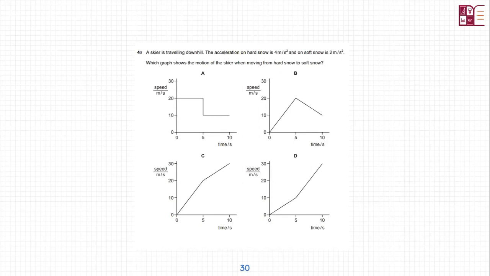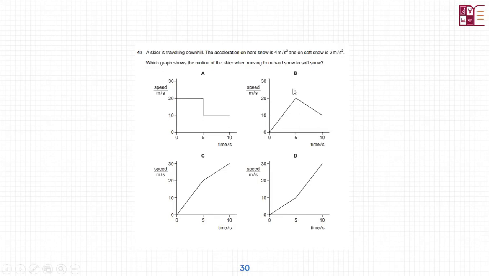So we're just going to look at the gradient of these graphs. So for the first 5 seconds, as you can see on option C, 20 upon 5 is 4, and then between time 5 to time 10, 30 minus 20, 10 upon 5, it's 2. So C is the correct answer for this question.